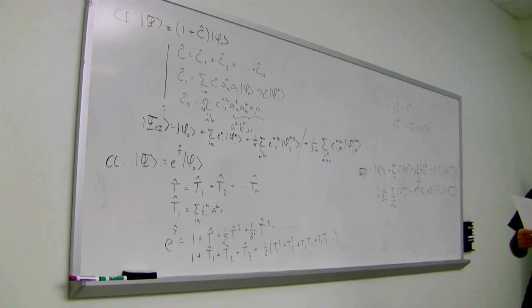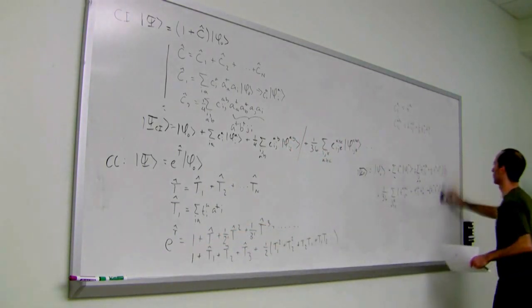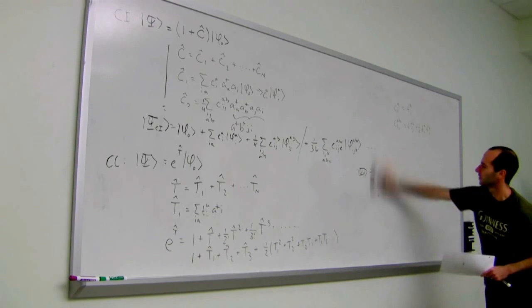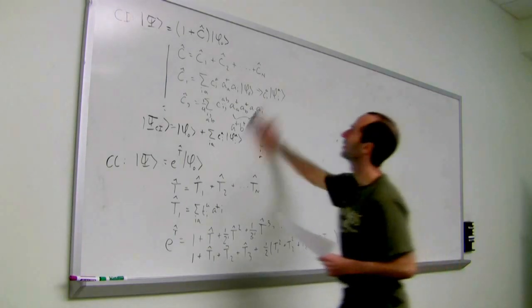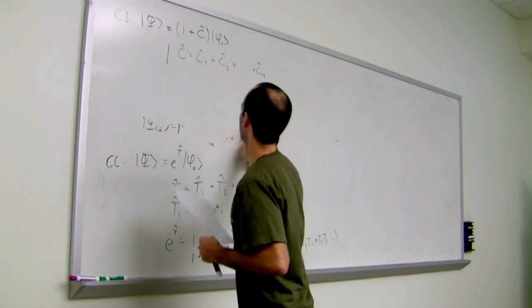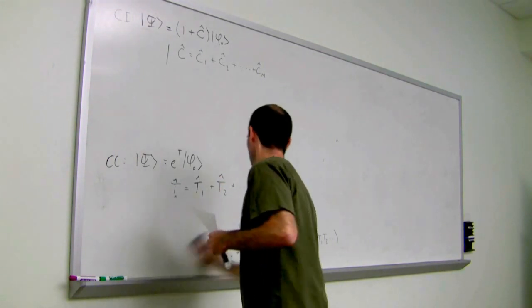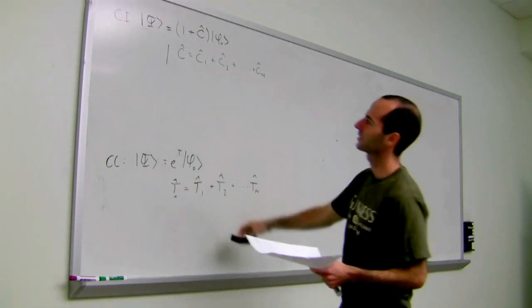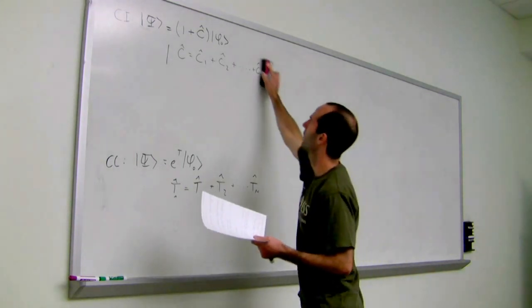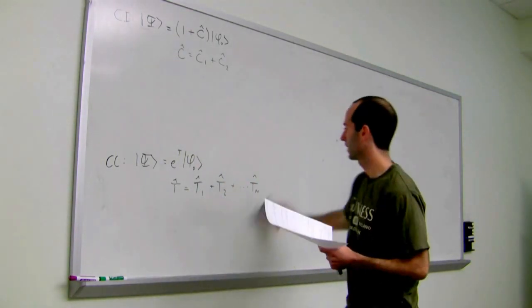Okay, so let's assume that we've truncated our operator. And let's compare the wave functions then. I'll just use operators here, so this part will hopefully go a little bit faster. Okay, so I'm going to say that we're truncating our operator, so we only have C1 and C2. And the same in T, we only have T1 and T2.